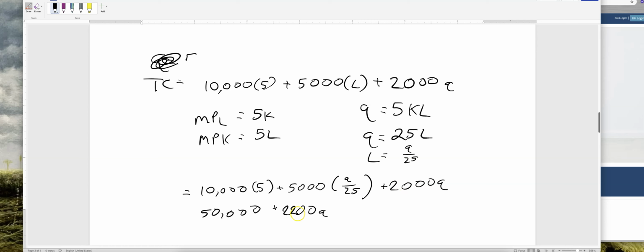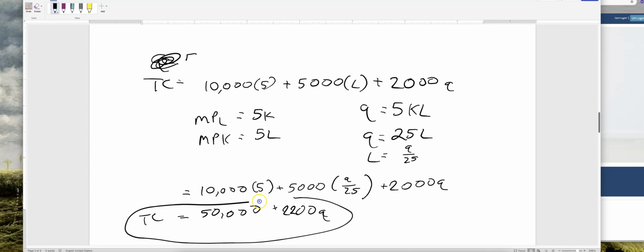So plus 2,000Q gives me 2,200Q. That's going to be my total cost function, right? So just do the 25, 50 and 25, so this would be 2. So 200Q plus 2,000Q gives me 2,200Q plus 50,000. There, I have answered part A.